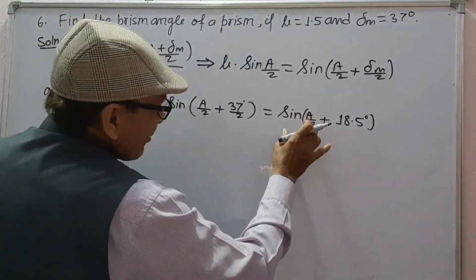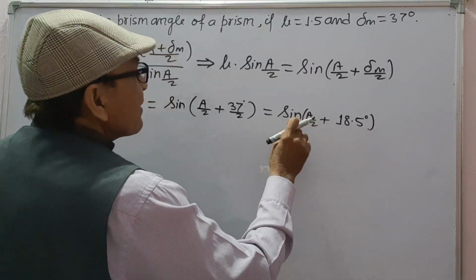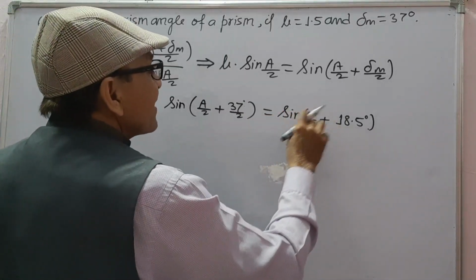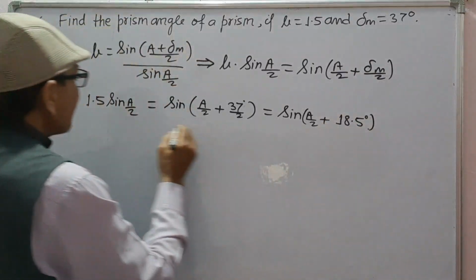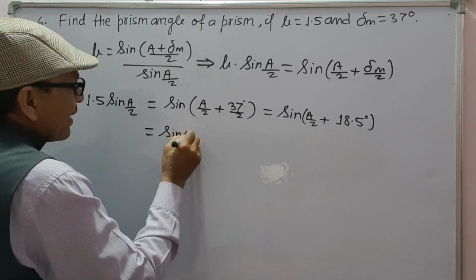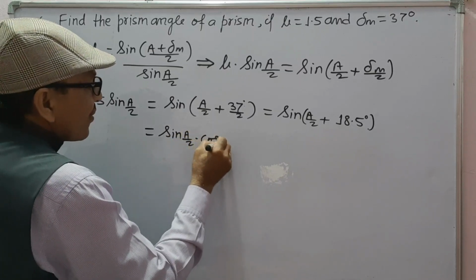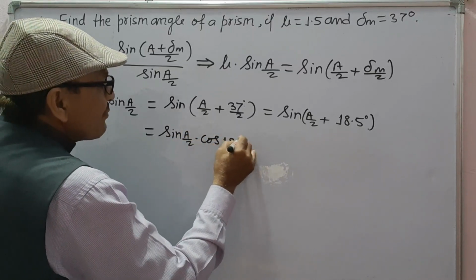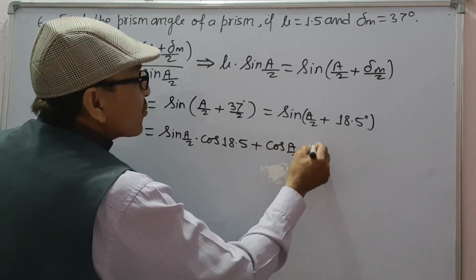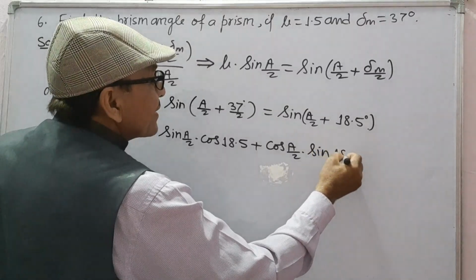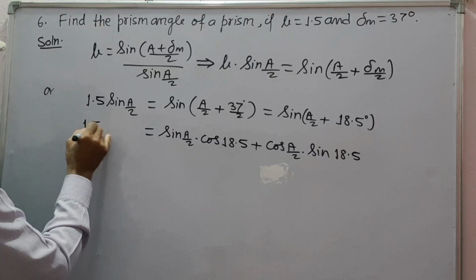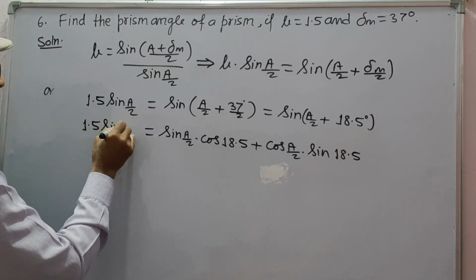This can be opened with the relation sin of A plus B means sin A cos B plus cos A sin B, that is sin A by 2 into cos 18.5 plus cos A by 2 into sin 18.5. This is 1.5 sin A by 2.